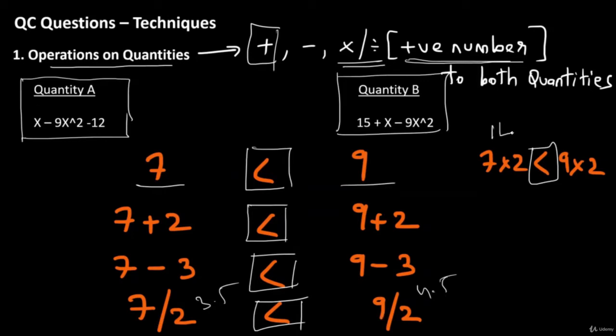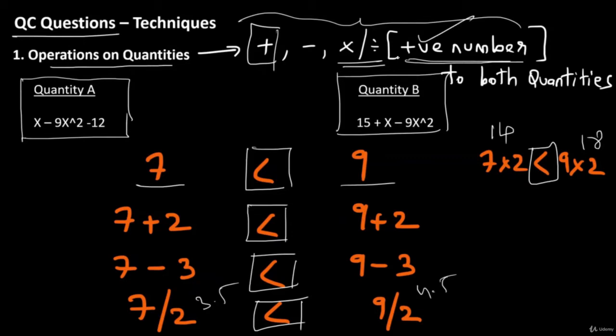Over here you have 14 and over here you have 18 and 14 is less than 18, right? So that's why we can do these operations on these two quantities and maintain the relationship as it is. Now you will see very soon how this is a very important and very helpful way of solving QC questions. Now remember, you can multiply and only divide with positive numbers.